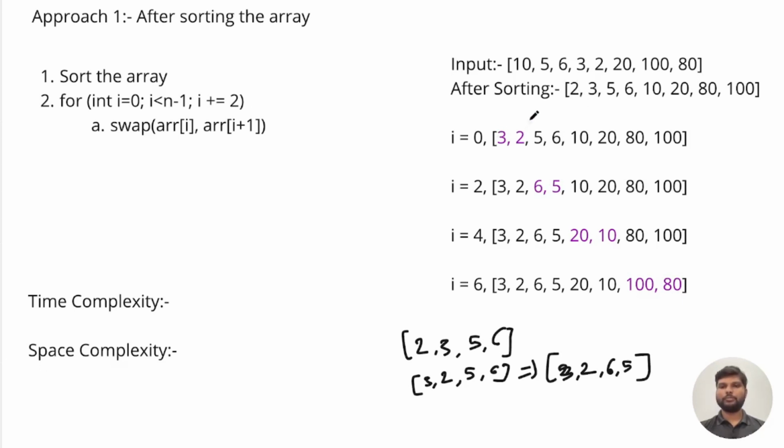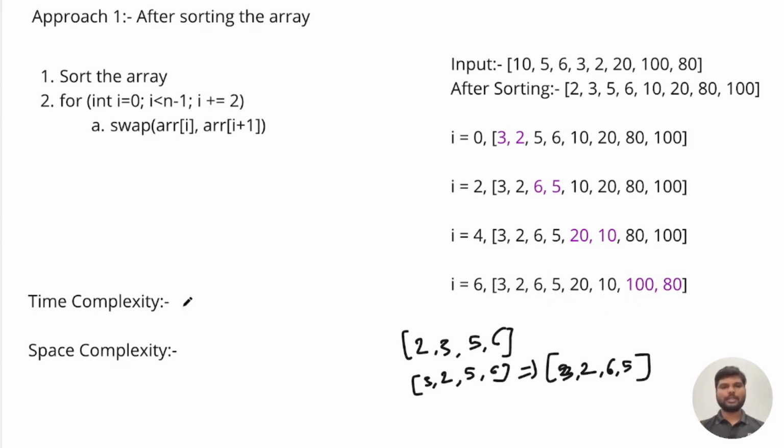Then we jump to 5, swap 5 with 6, so 6 comes at the position of 5 and 5 goes to the position of 6. Similarly, we jump to the next pair, 2 and 20, and swap them. Then the next pair, 80 and 100, we swap them too, and this gives us the final wave-like array. The first element is greater than or equal to the second, which is smaller than or equal to the third, which is greater than or equal to the fourth, and so on and so forth.